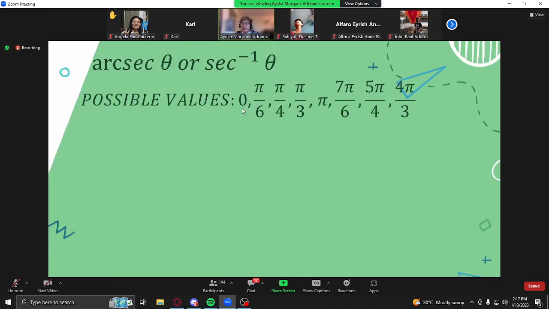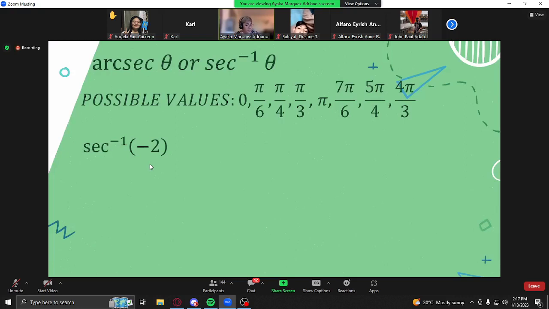We have 0 regions, pi over 6 regions, pi over 4 regions, pi over 3, pi, which is 180 degrees, 7 pi over 6, 5 pi over 4, and 4 pi over 3 regions. Can you give me the answer? What is arc secant negative 2?